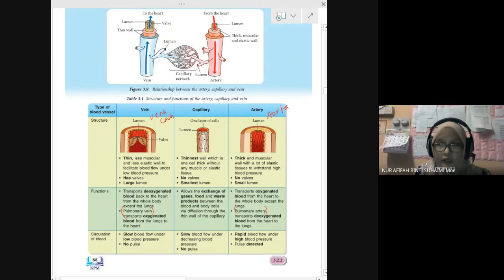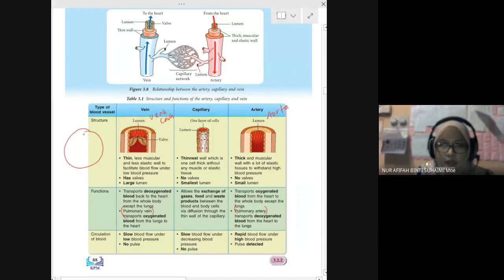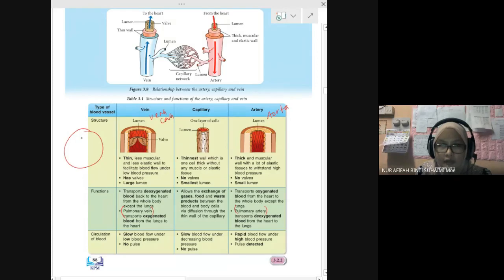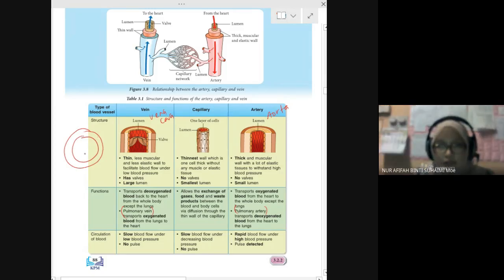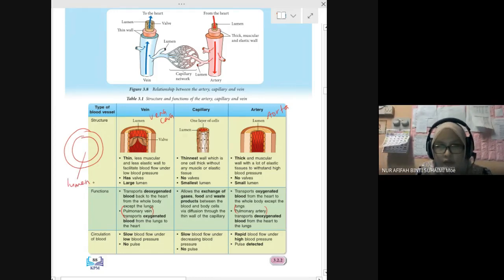Vein has valves. Vein has a bigger lumen, from the front view or upper view, and a thinner wall compared to artery. The blood flows through the lumen. That's the lumen.